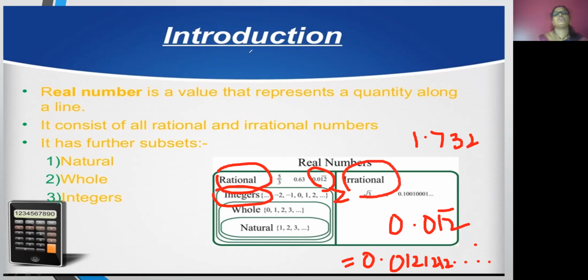The combination of rational and irrational numbers is called real numbers. So natural numbers, whole numbers, integers, and then rational and irrational numbers together are called real numbers. You learned this in lower classes.